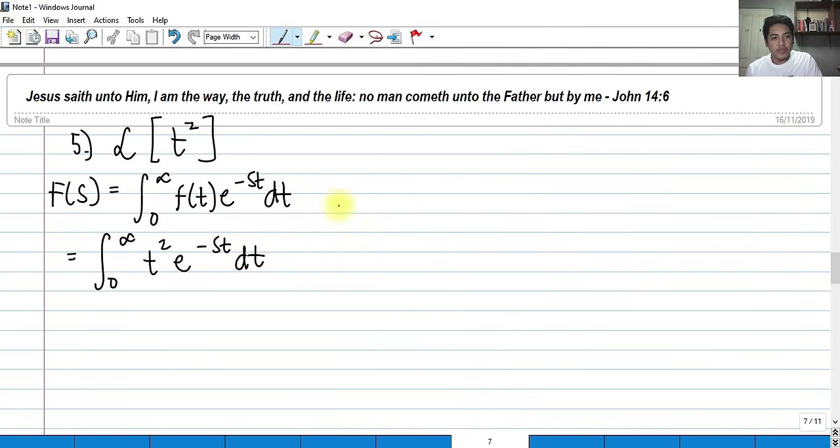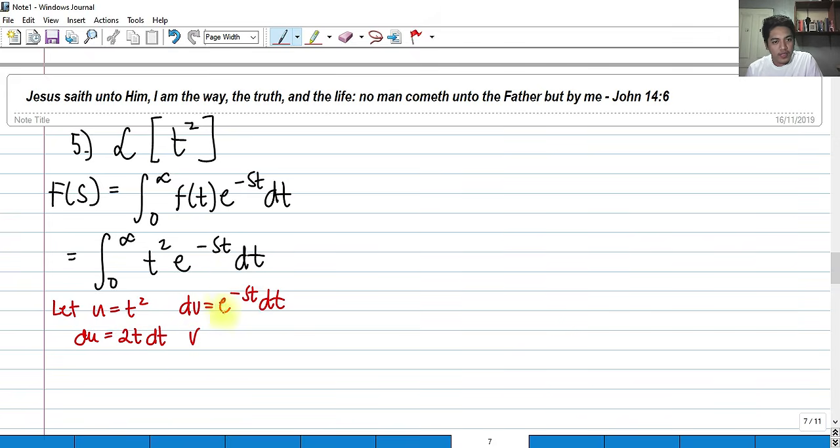This is integration by parts wherein we let u equal t squared and our du with respect to t is 2t dt. And again, our dv is e raised to negative st dt.